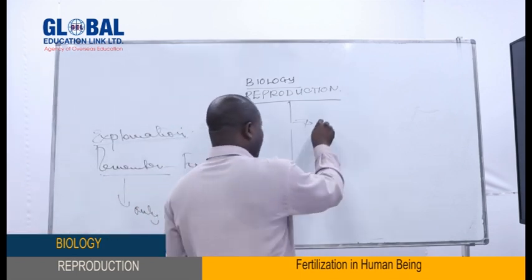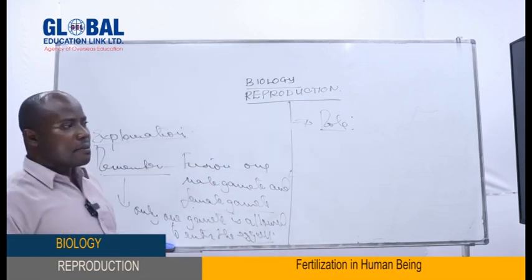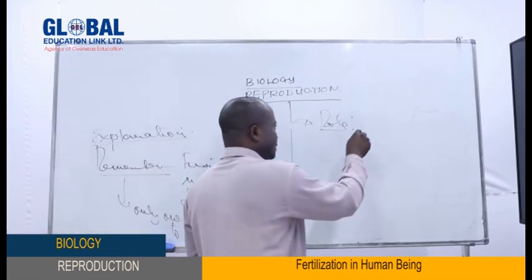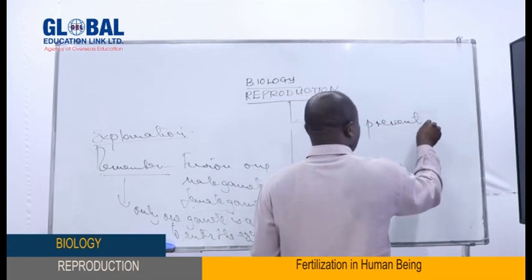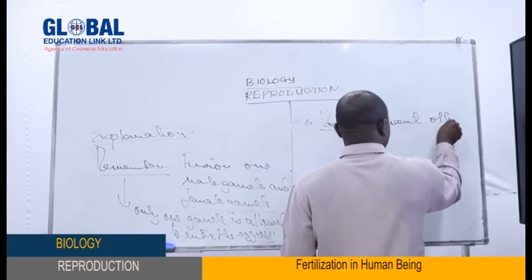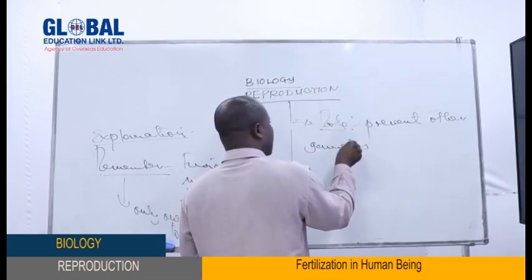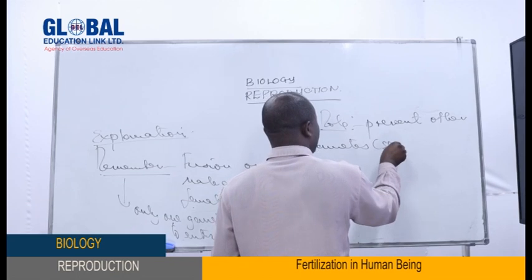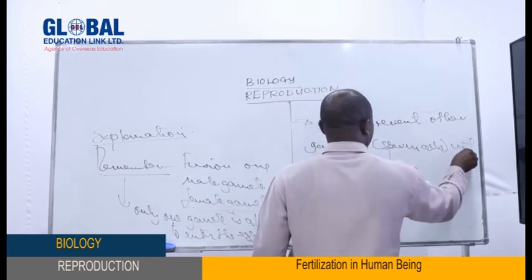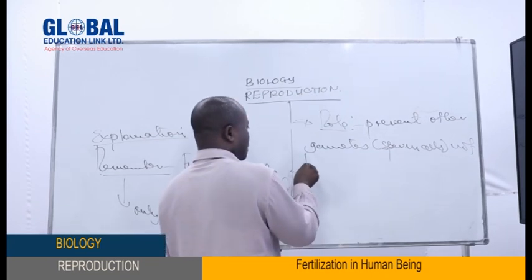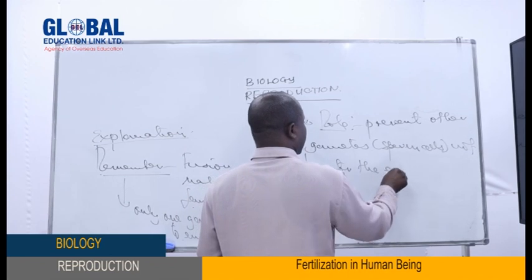Therefore, the role of the fertilization membrane is to prevent other gametes from entering the egg cell.